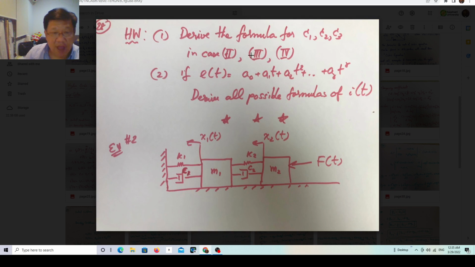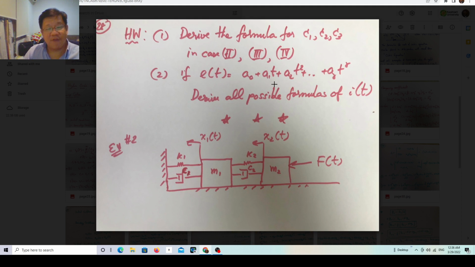And then when you go back to the problem, you remember from the previous clip, except the first two examples, we always assumed in the first three examples that your right hand function is the polynomial of order R here. So it's still open that if we suppose your ET is not the summation of sinusoidal functions, but becomes a polynomial of order R, certainly in this case you're going to end up having 4 cases also.